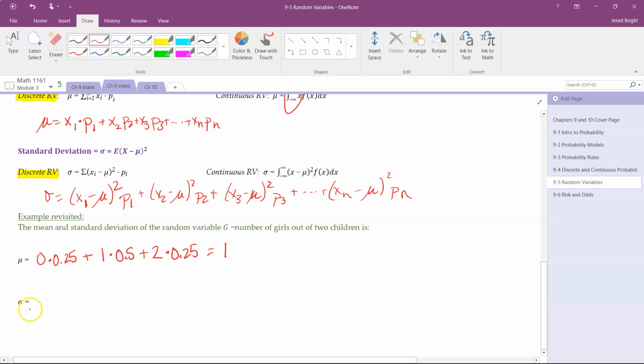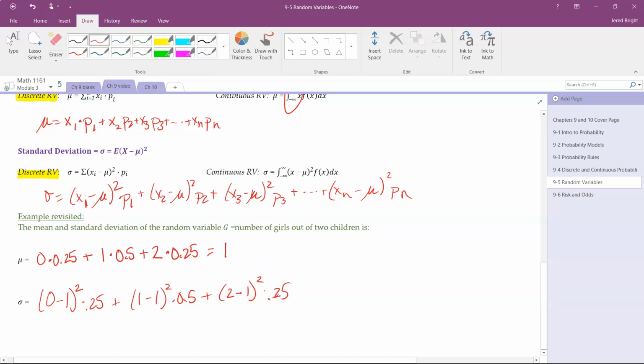All right, for the standard deviation, this one is a little bit more work. I have to do the observation minus the mean squared times its probability, 0.25, plus observation minus mean squared times its probability, plus observation minus mean squared times its probability.